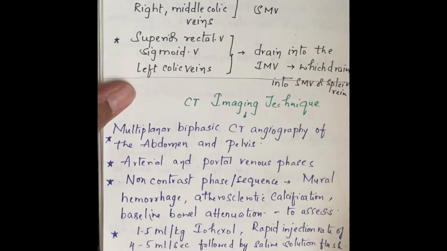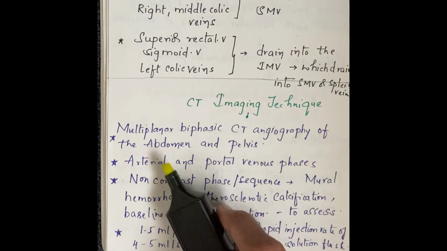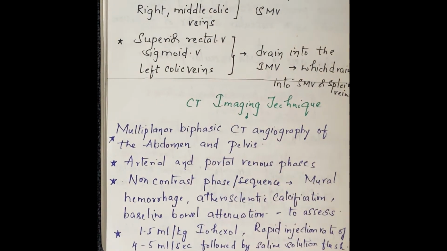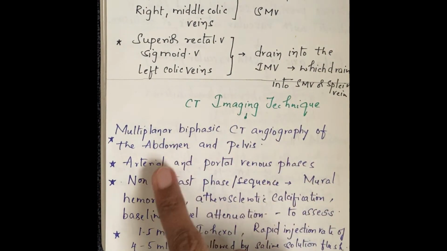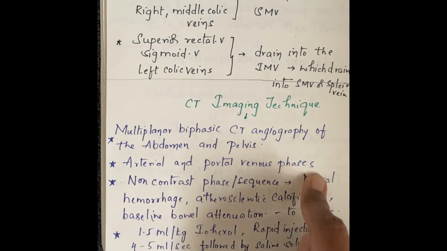Coming to CT imaging technique, multiplanar biphasic CT angiography of the abdomen and pelvis should be done. When a patient comes with abdominal pain and you suspect a vascular abnormality, CT angiography of the abdomen and pelvis is done. Arterial and portal venous phases are taken.